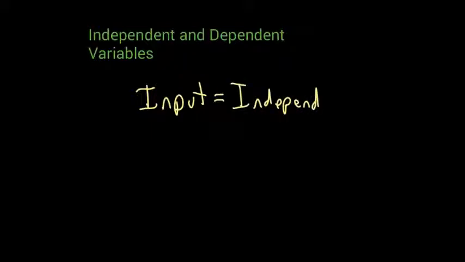Alright, we're going to talk about independent and dependent variables. And we talked previously about inputs and outputs. In most cases, your input is going to be your independent, and then your output is going to be your dependent.